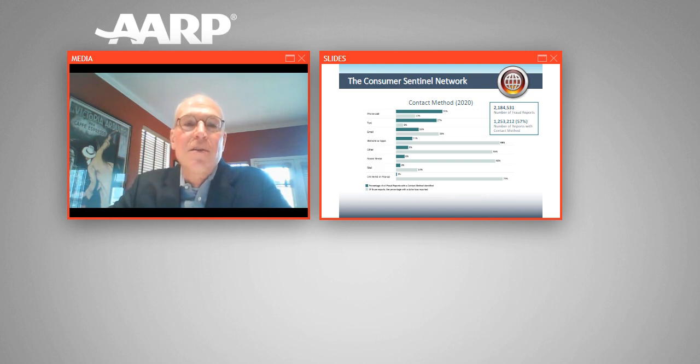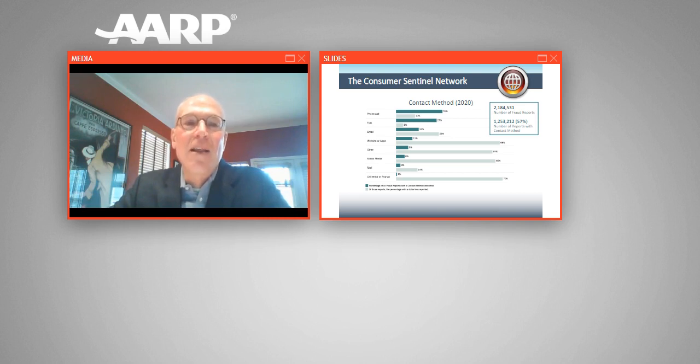So the other type of data that we capture is the contact method. How did the fraudster contact you? The number one method last year was a phone call, the good old-fashioned phone call. Number two was text message. Three was email.